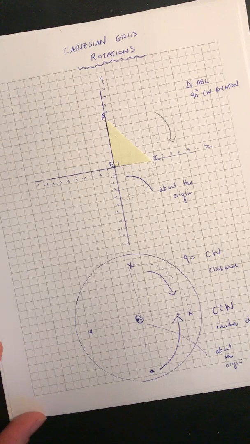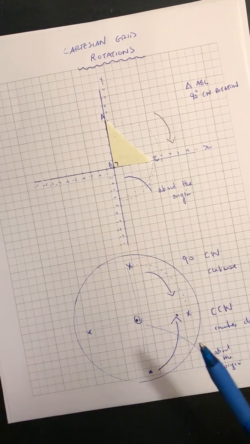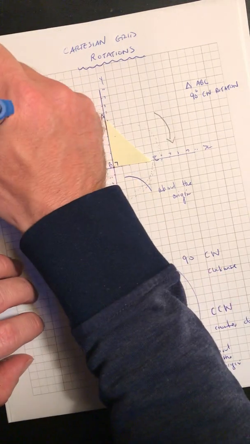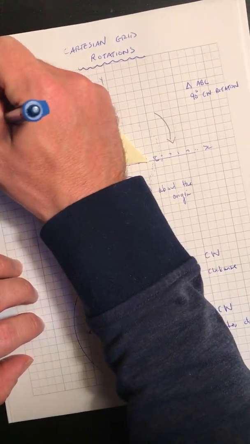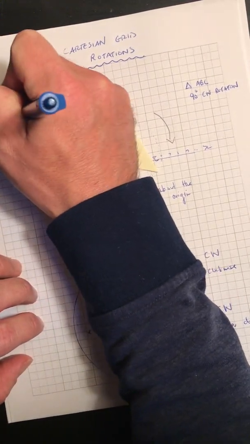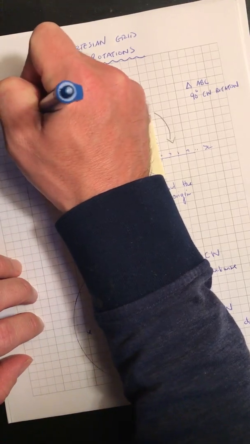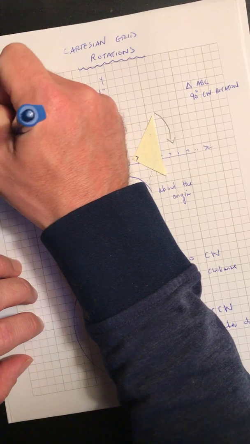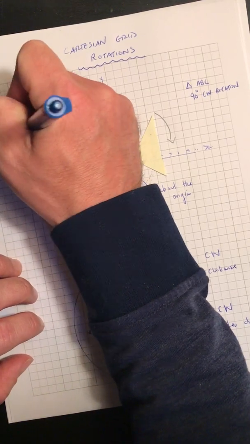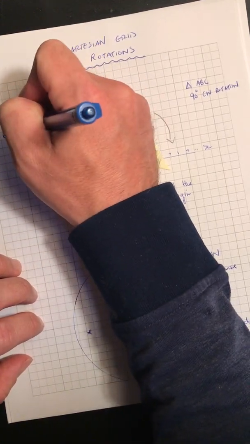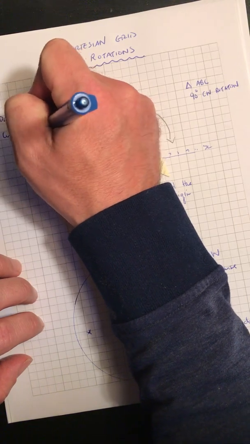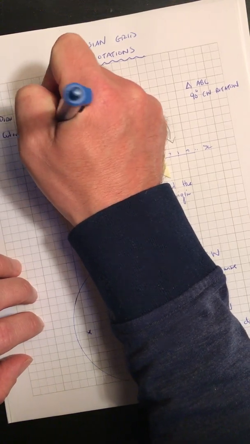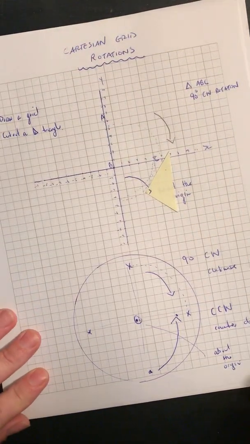So what I want you to do today is I want you to create a grid, all right? Let's just put the steps down here, okay? Draw a grid. Cut out a right angle. Sorry guys, that's a right angle triangle, okay?